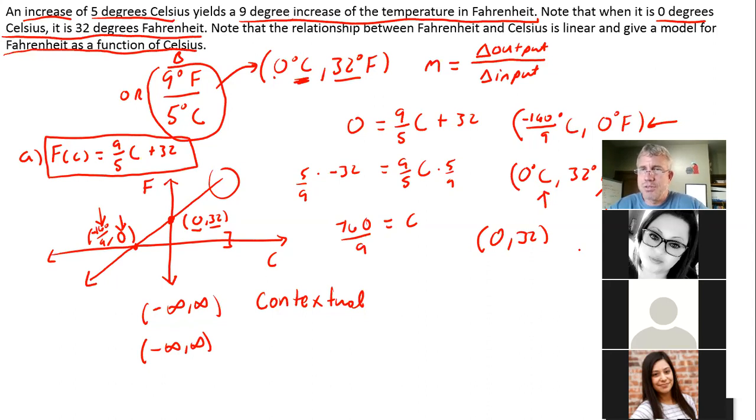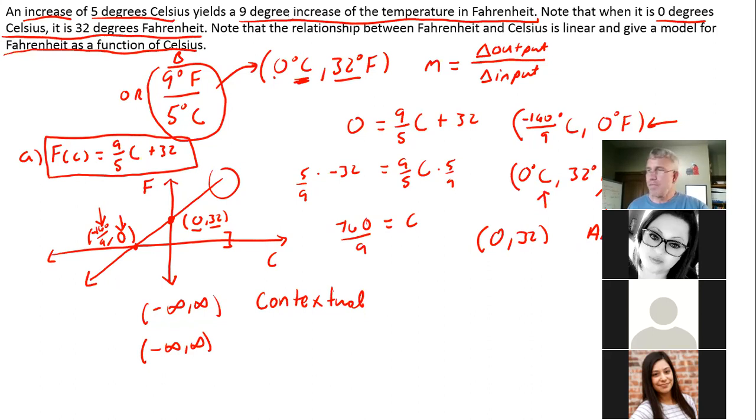Come on, science students. Lowest possible temperature. 273.15. So what's it called? What's the name of it? Kelvin. Absolute zero.